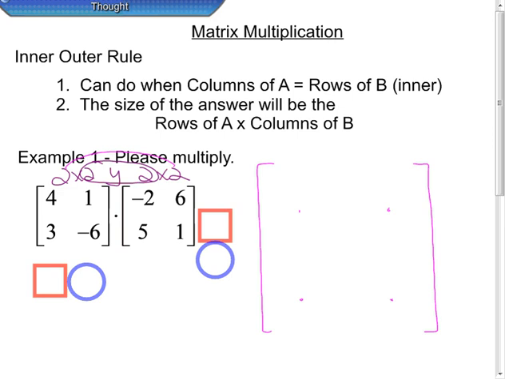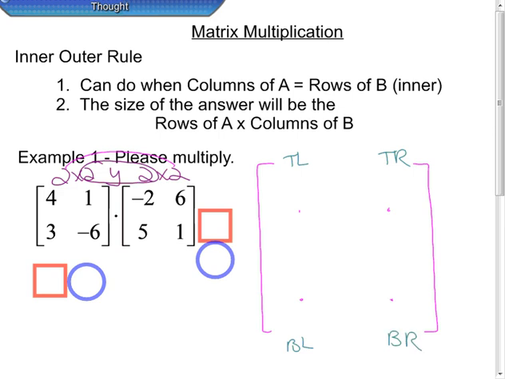Now, one of the things you want to become accustomed to is being able to state where these dots are in this matrix by using words such as top and left and bottom and left, or bottom and right and top and right. So up here we would have the top left entry. This would be the top right entry. This would be the bottom left entry. And this would be the bottom right entry.